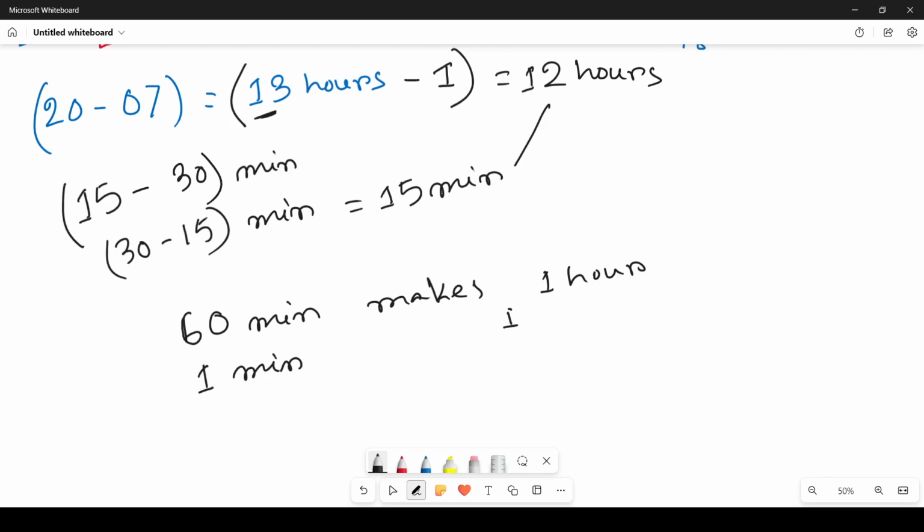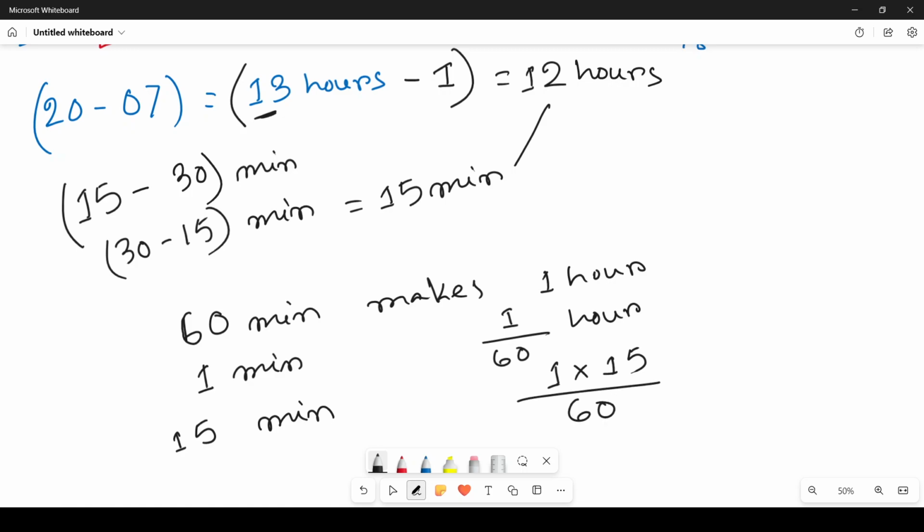Obviously we need to divide 1 by 60. That will be the conversion. So then what will be the amount of 15? Obviously 1 minute is 1 by 60 hour, then for 15 minutes we need to multiply it with this value. So this is the conversion.